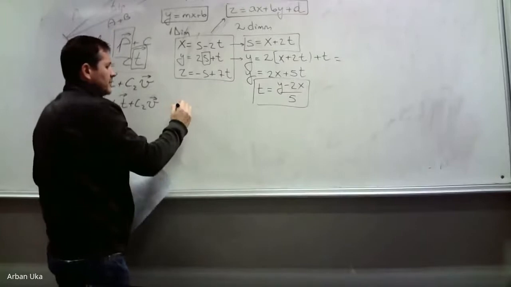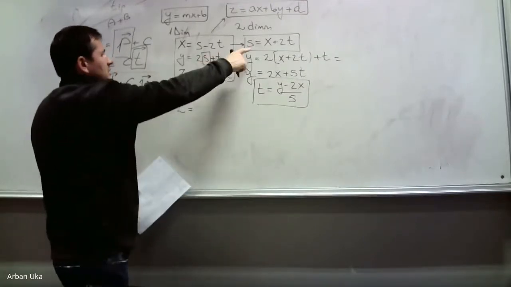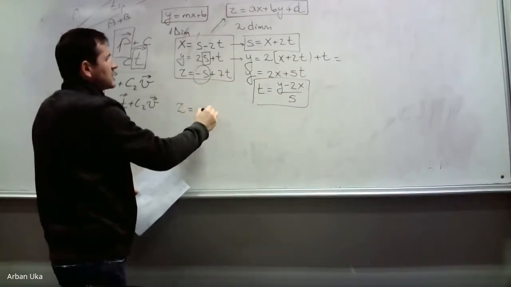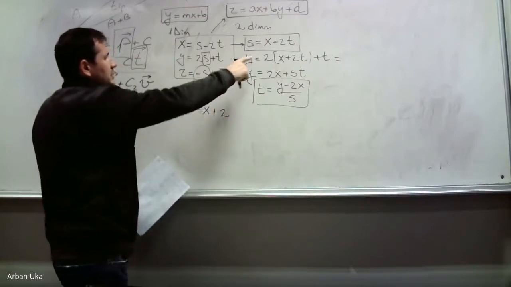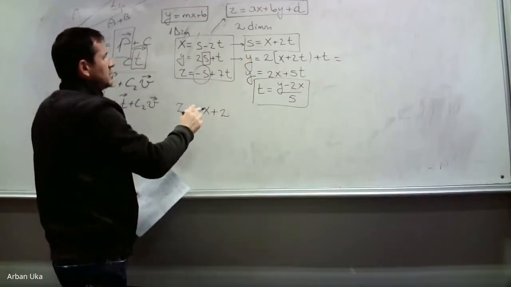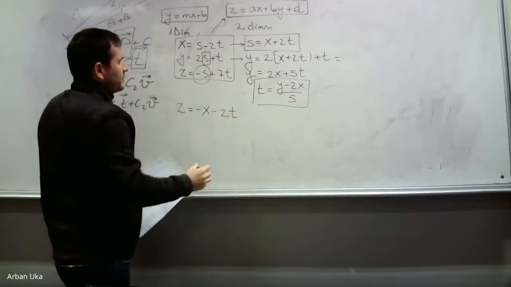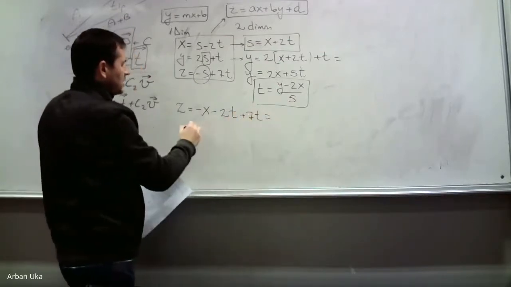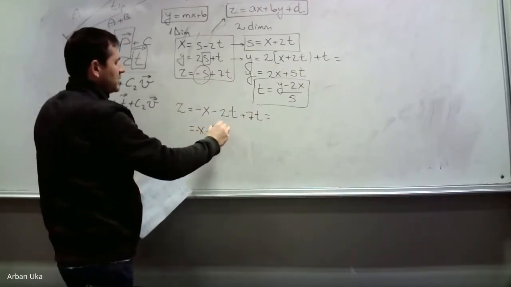So here, z would be equal to minus s, so let's substitute this first part here. We get minus (x plus 2t), okay? Maybe it's, no, minus 2t. Thank you, that's correct. Minus 2t plus 7t, right? And this would be equal to minus x plus 5t.